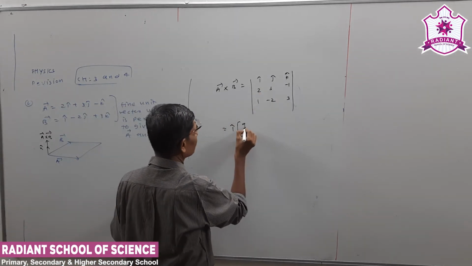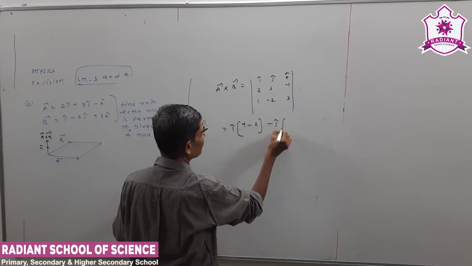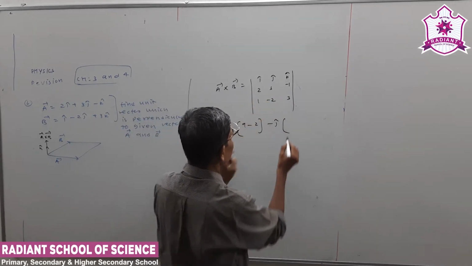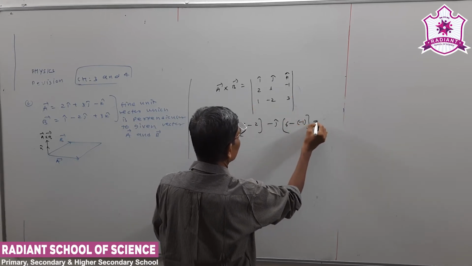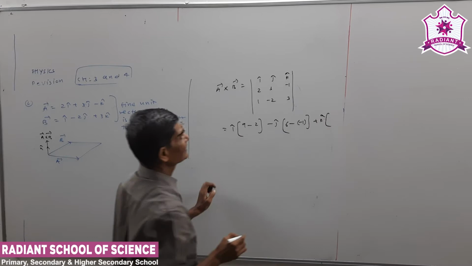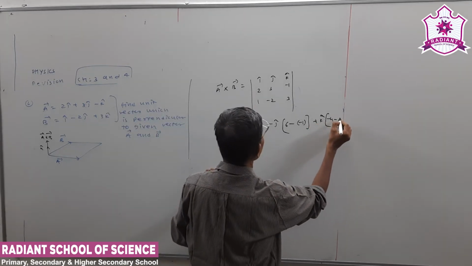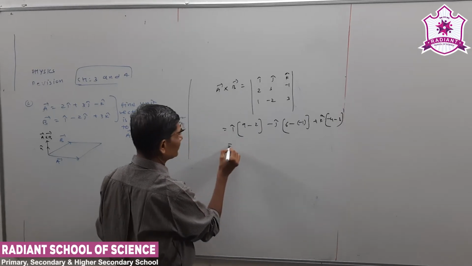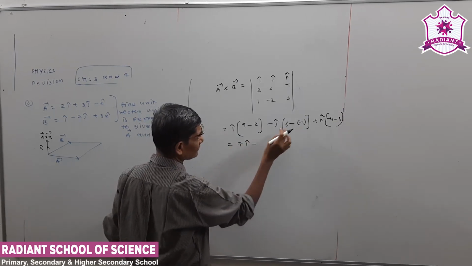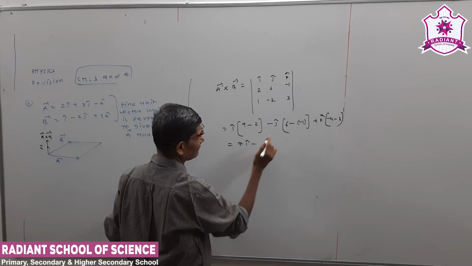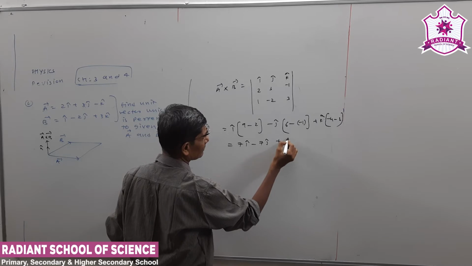These are 9 minus, this will become positive, minus 2, minus j caret. 2 3s are 6 minus 2, plus 8 caret. Okay, 2 3s are minus 4 and minus 3. So that is 7i minus 7j plus minus 7.